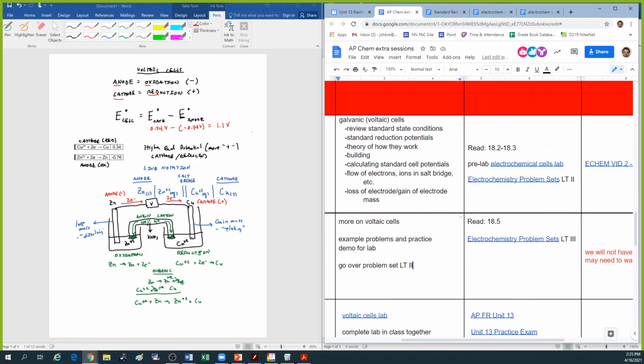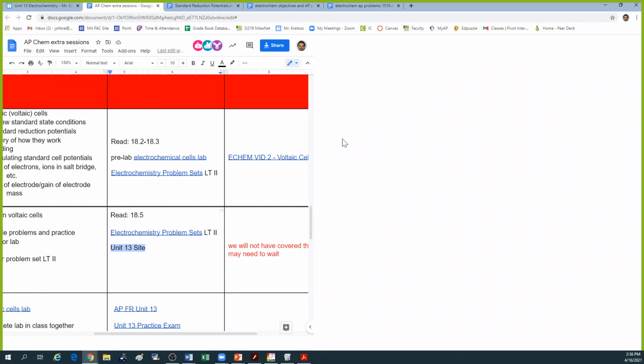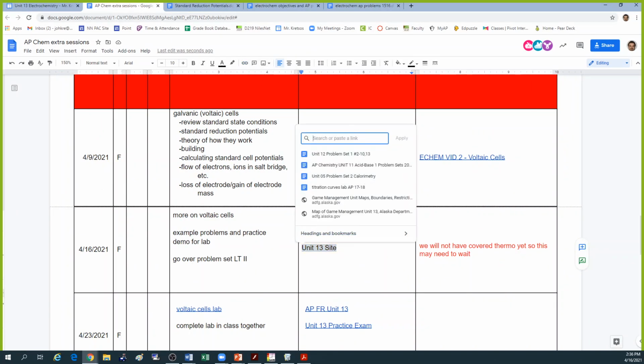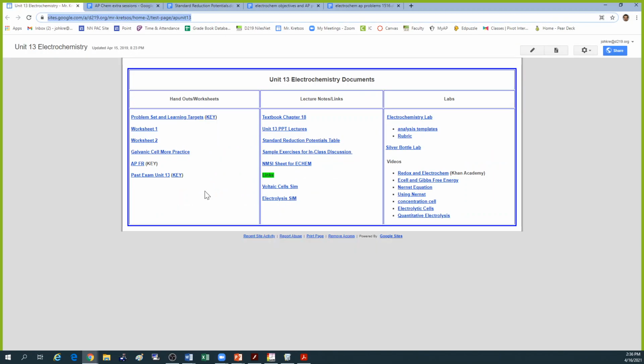All right, that should take you directly to this page where all those little shortcuts are.